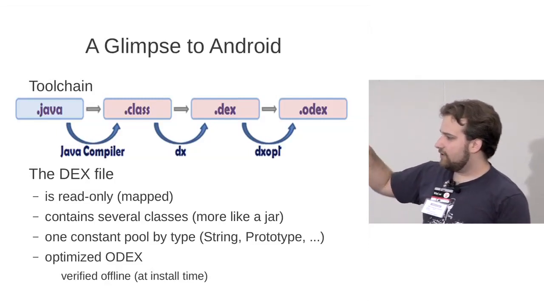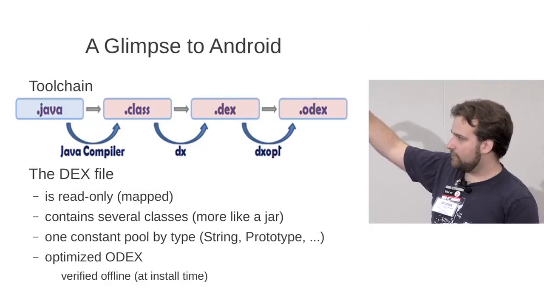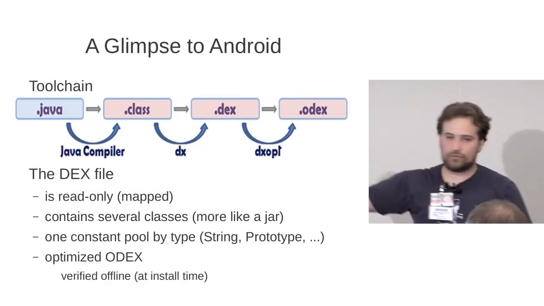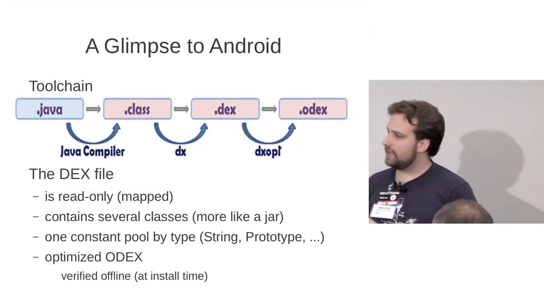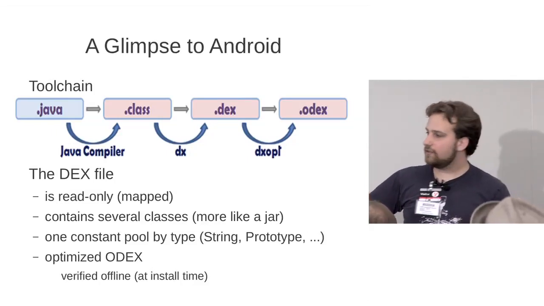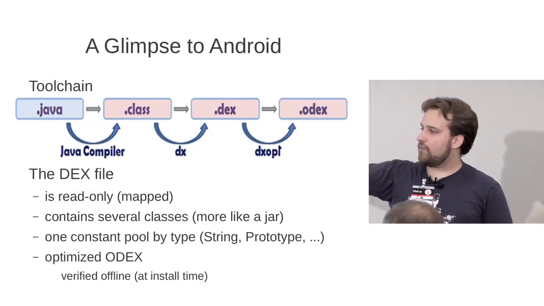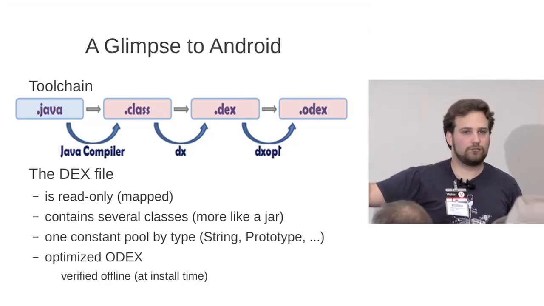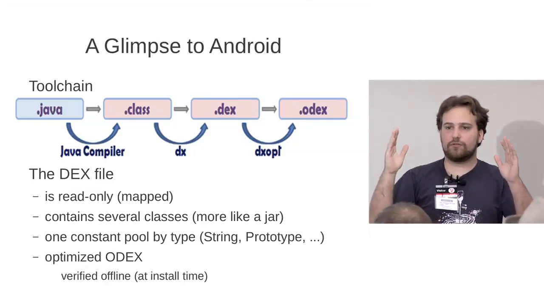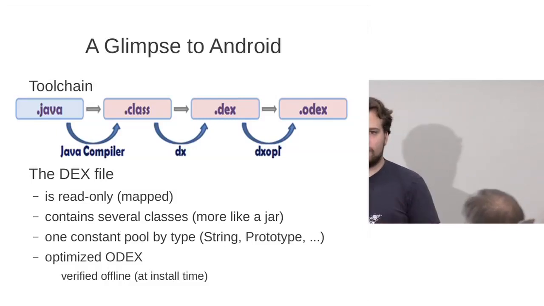It's a static, offline optimization. The DEX file contains the bytecode, is read-only, contains several classes, and has one constant pool by type. The idea is to have a short instruction with a short index.